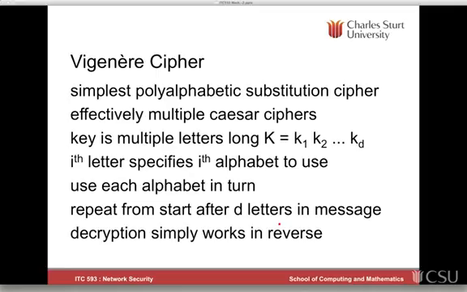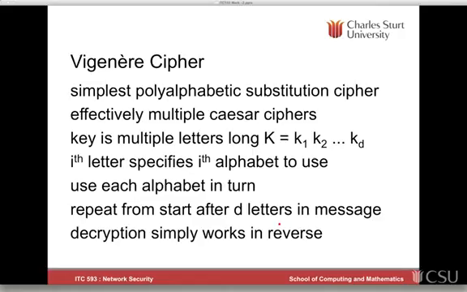Okay, the Vigenere cipher. The best known and one of the simplest such algorithms is referred to as the Vigenere cipher, where the set of related monoalphabetic substitution rules consists of the 26 Caesar ciphers with shifts of 0 through 25.